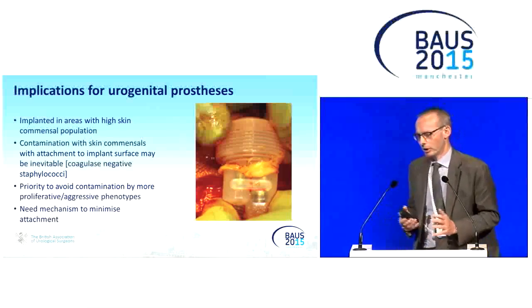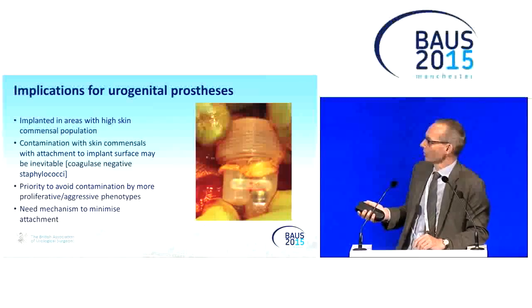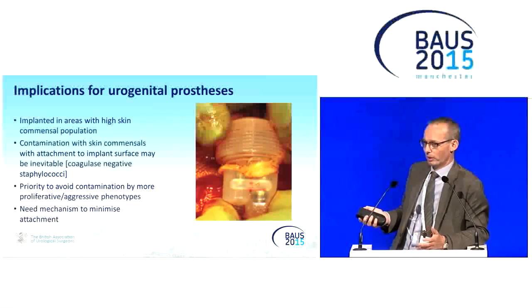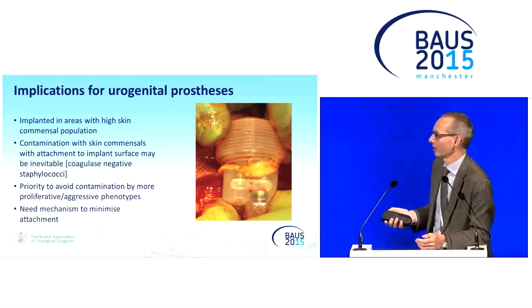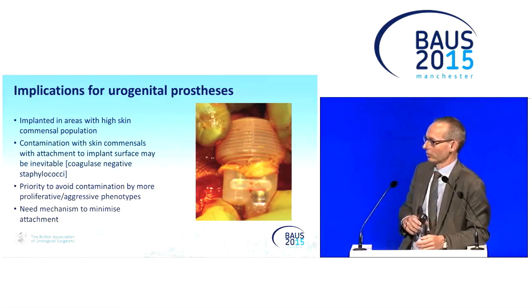With penile prostheses or artificial urinary sphincters, obviously they're implanted through skin, which is a high commensal population, so it's inevitable really that they're going to be contaminated with skin commensals, which will attach, particularly the coagulase negative staphylococci.